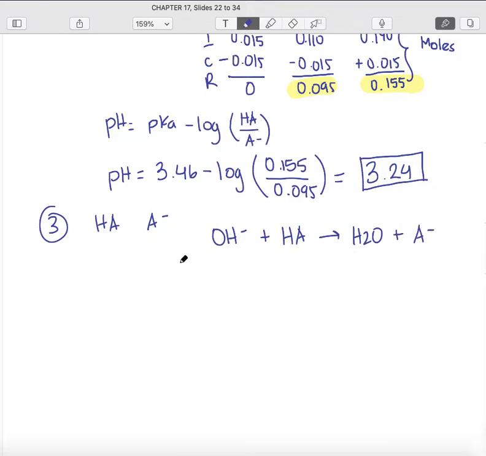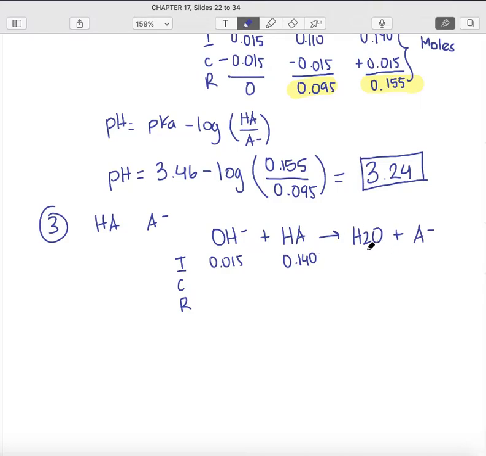All right, I will utilize this equation to set up my ICR chart. Here I put the number of moles of the potassium hydroxide that we are adding, and that is 0.015. For my initial weak acid moles, we had 0.140. I'm using the numbers from the very beginning of the problem, right?